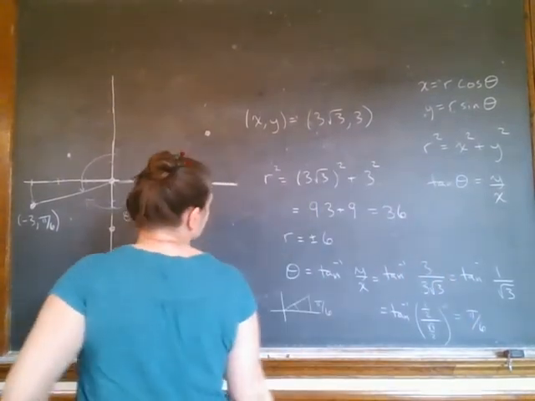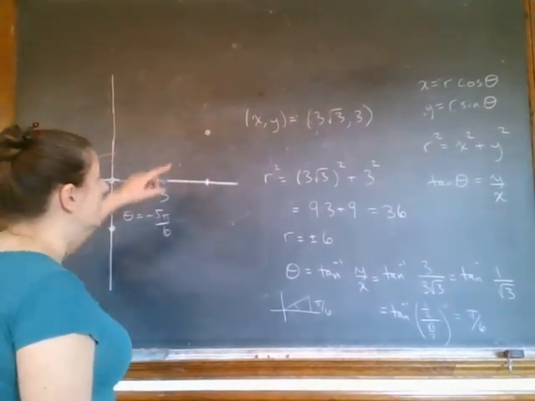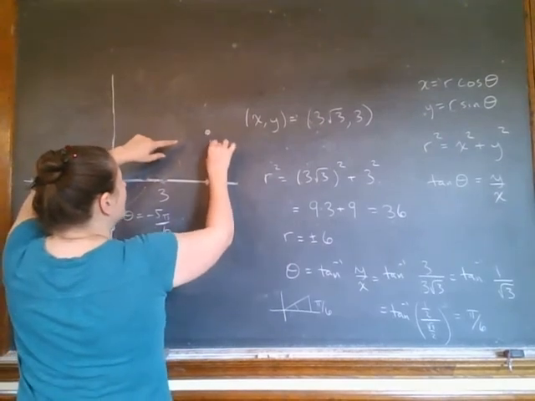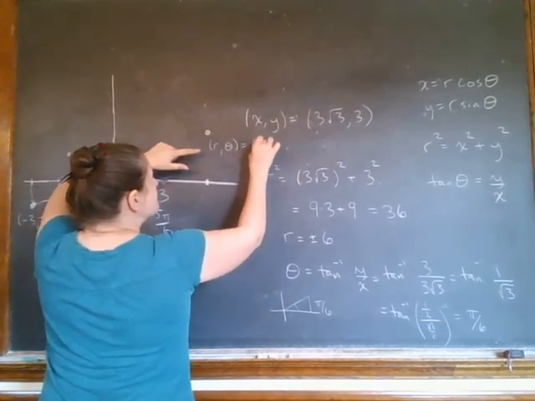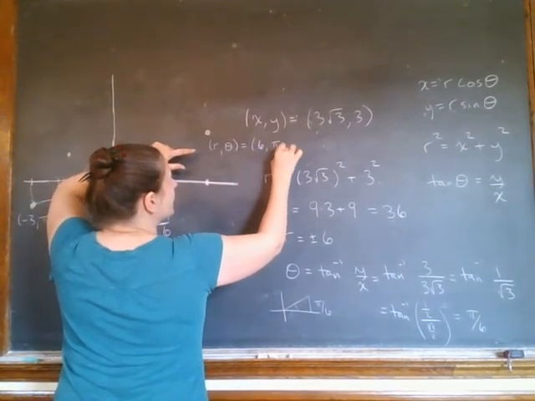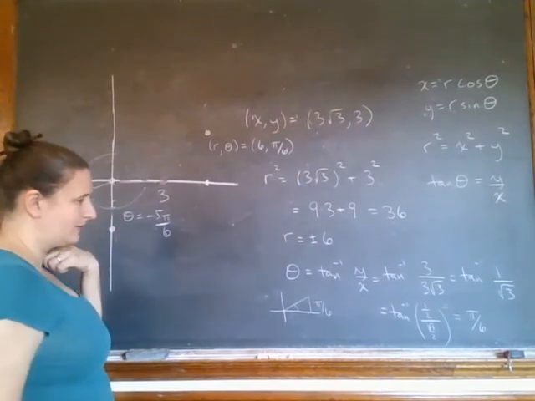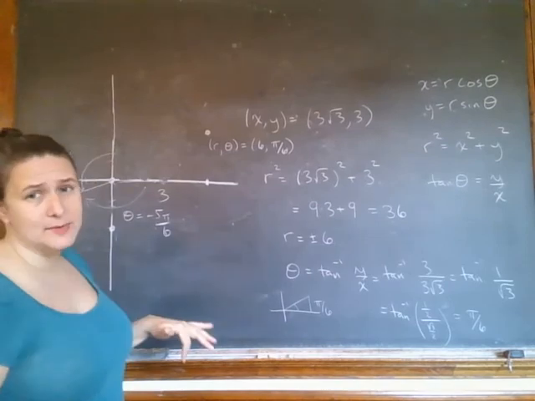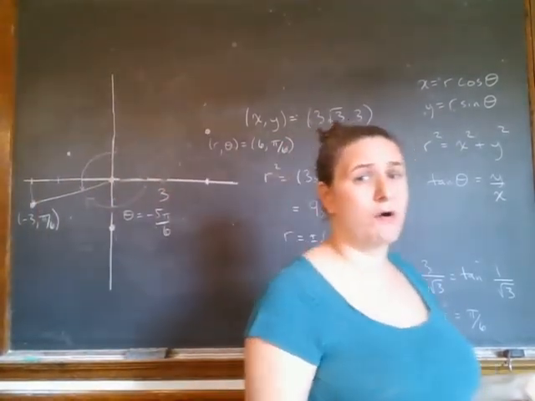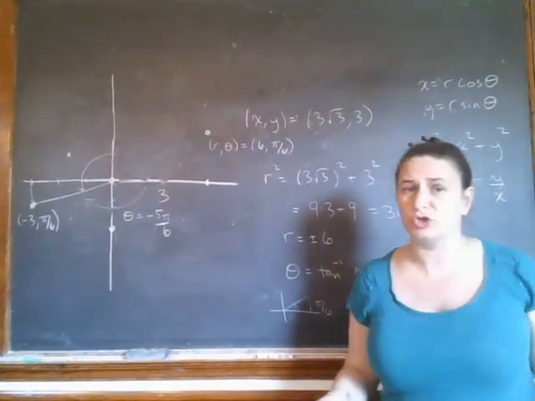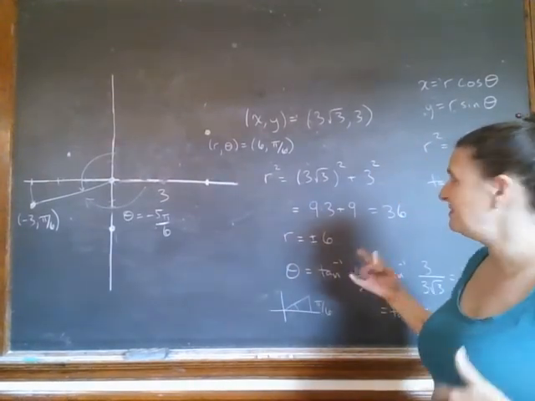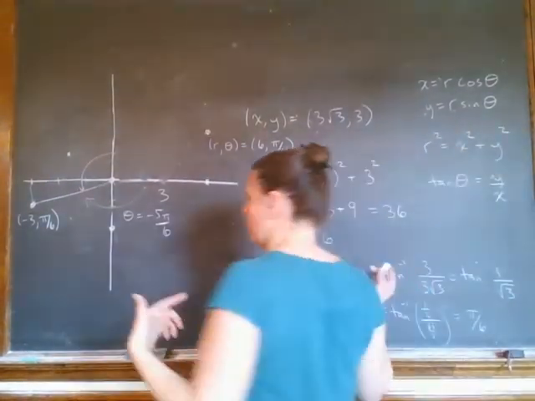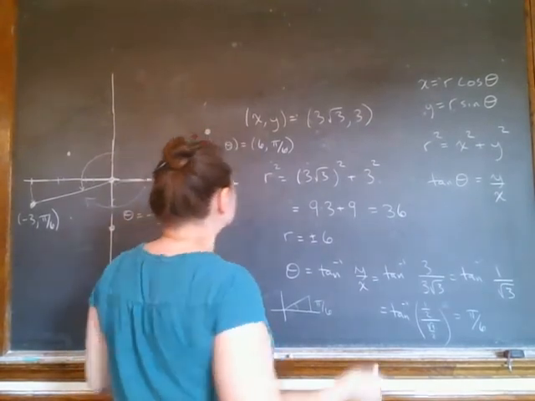Okay. So my coordinates are r and theta. I can do 6 and pi over 6, right? Now, if for some reason it wanted a negative value, because sometimes it'll ask you to put in a positive value for r and a negative value for r just to prove you can do it, then you can just use that other little thing where you add pi.